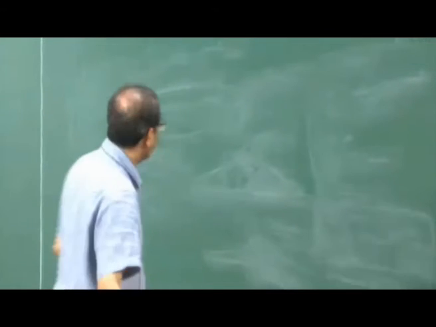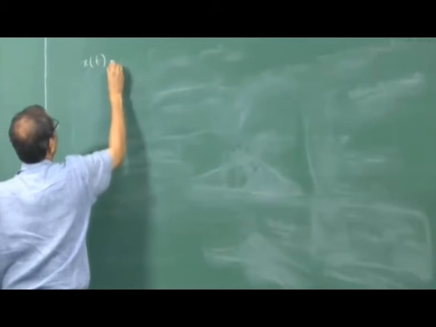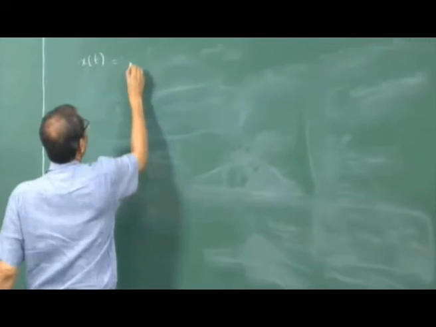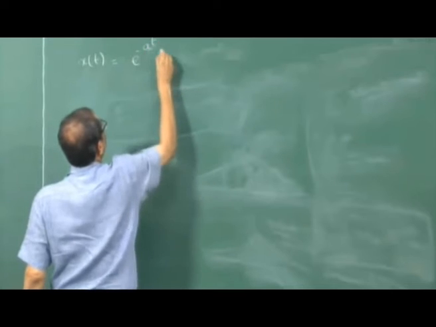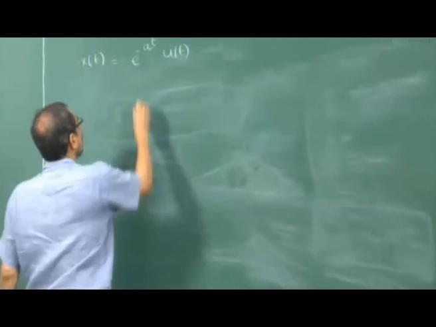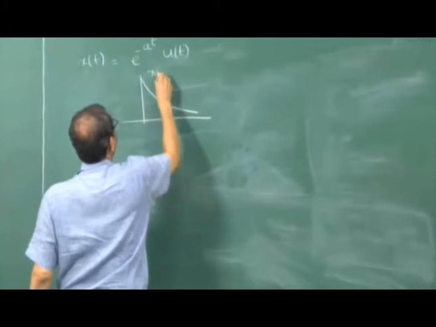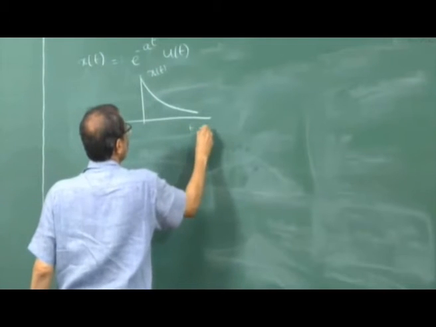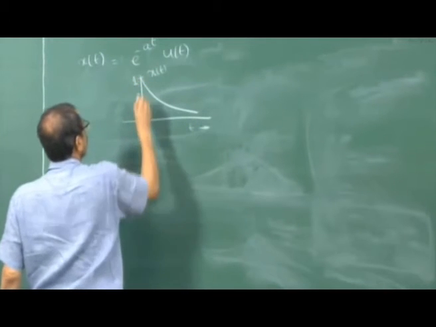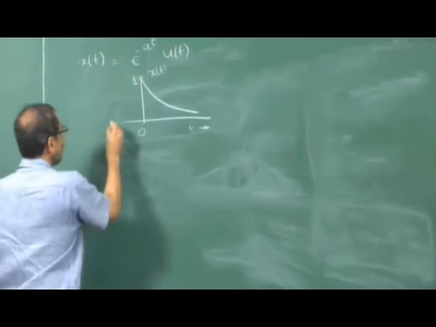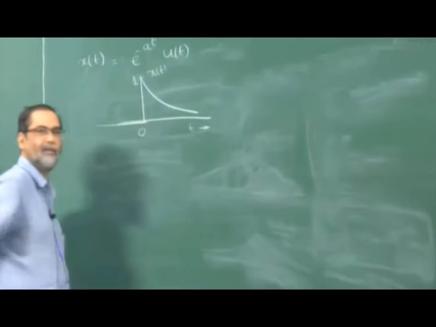So let's take a simple example, x of t, that is non-periodic. In this case, e raised to minus a t u of t. This is some non-periodic x of t that I have taken. This is x of t, this is t, this value is 1, and it is 0 for t less than 0.